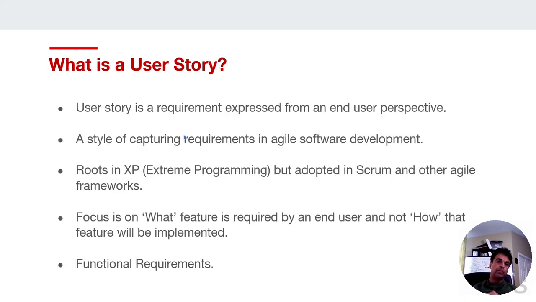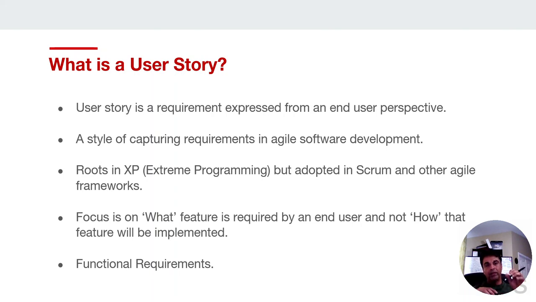Okay. So in essence, a user story is a requirement that is written from an end user perspective. As you know, there are different stakeholders: a customer, SMEs, end user community, project sponsor, and many more.